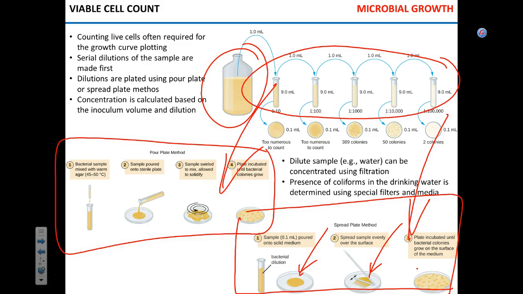In this case, you use filtration. Does that make sense? So say you have 2 liters of water from Lake Erie. You run it through the filter, and all bacteria that are in that sample remain in the filter. And then you can deal with it many different ways.